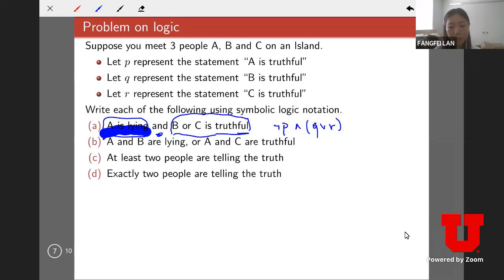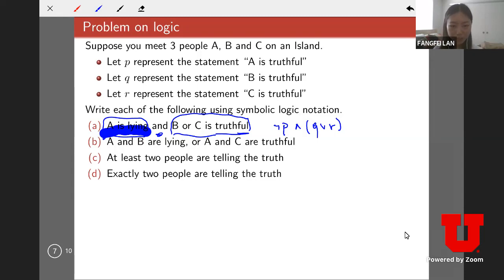Right, so someone's asking, why does the or have, because this is two parts of the statement. So B or C is truthful is the second part of the statement. Would it make sense if we partition it differently?